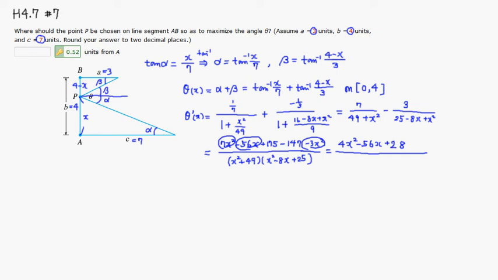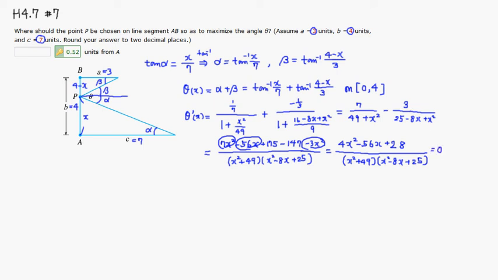And then the denominator is exactly the same: x squared plus 49 times the quantity x squared minus 8x plus 25. So let's set that equal to 0.